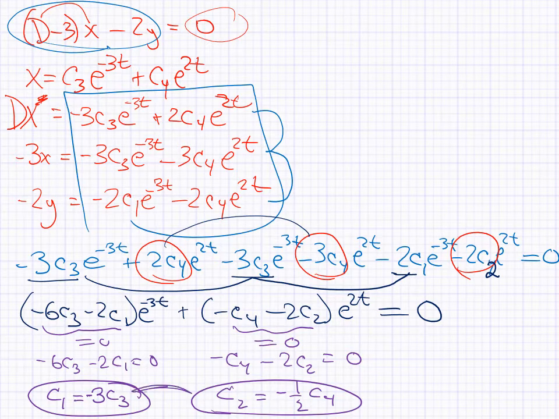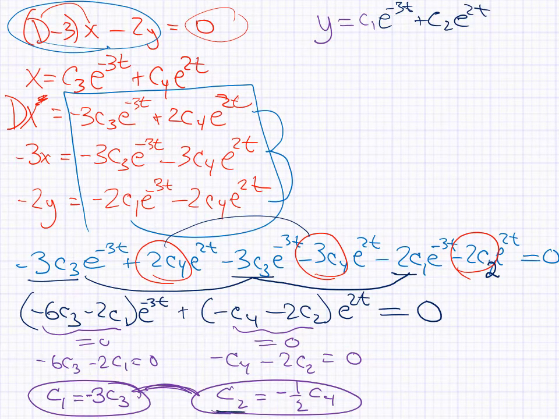So then if I take these and I plug them into my solution, we would find out that y equaled C1 e to the, oops, that one's negative 3t, right? E to the negative 3t plus C2 e to the 2t.